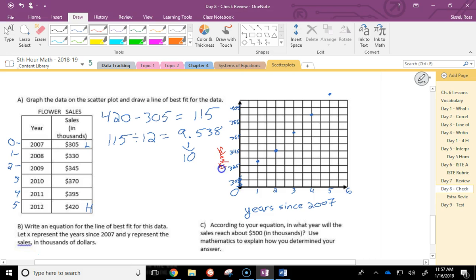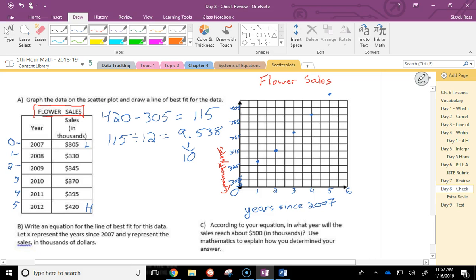Hundreds. Oh yeah, thousands. And then my title, they gave it to me right there. So I'd say flower sales. Okay, we have our points.